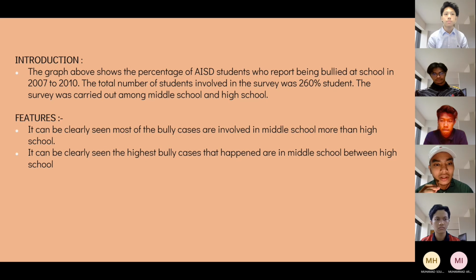The survey was carried out among middle school and high school. Next, it can be clearly seen that most of the bullying cases involve middle school more than high school. Next is, it can be clearly seen that the highest bullying cases happen in middle school compared to high school. Next.